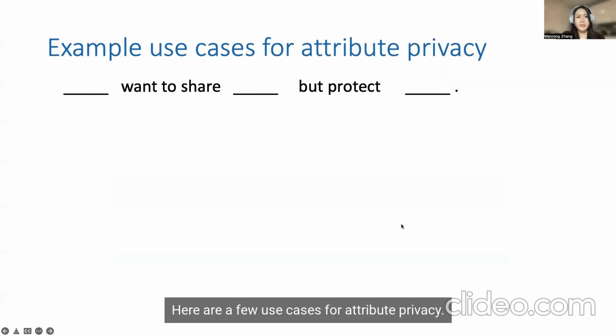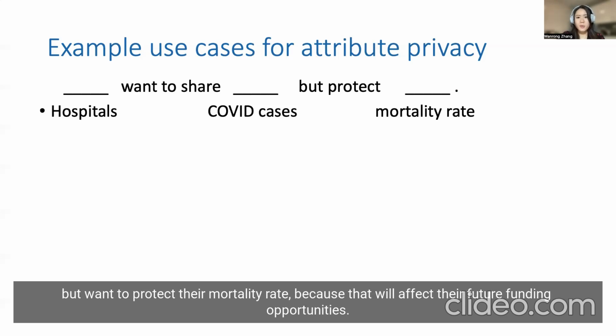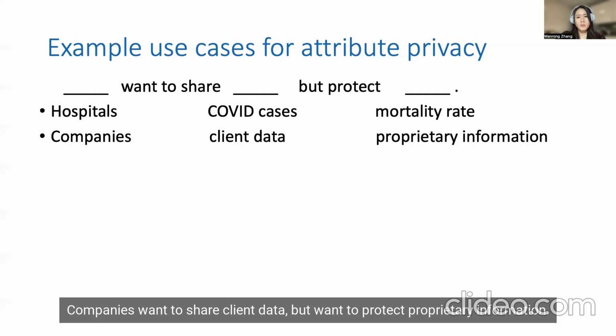Here are a few use cases for attribute privacy. For example, hospitals may want to share the number of COVID cases with federal health agencies, but want to protect their mortality rate because that will affect their future funding opportunities. And companies want to share client data, but want to protect proprietary information.